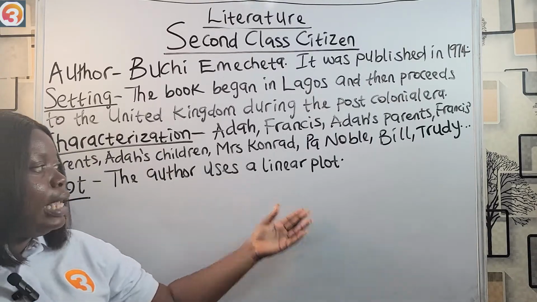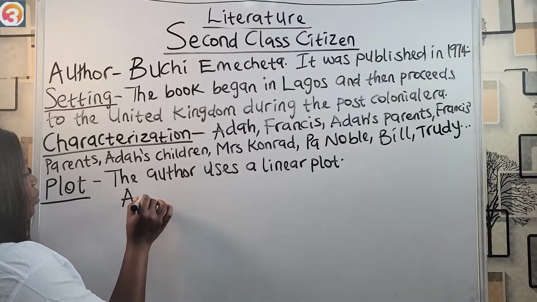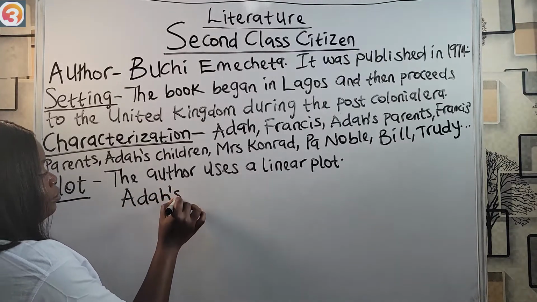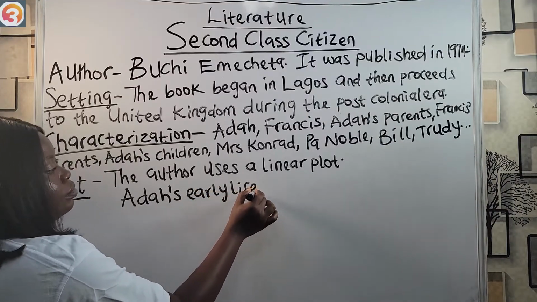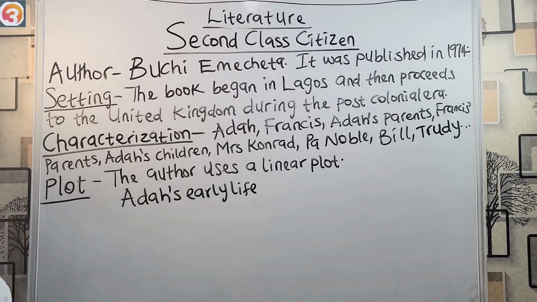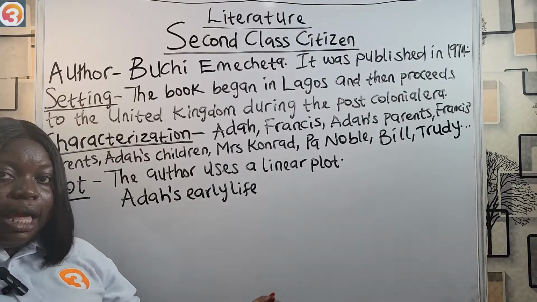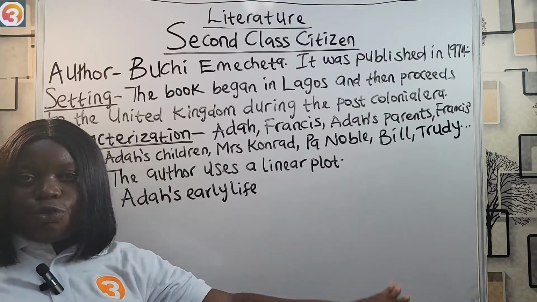That's what we mean by linear plot. We see first off Ada's early life as a child, wanting to get an education, despite the fact that at that point in time, education was seen as something reserved for the boys.